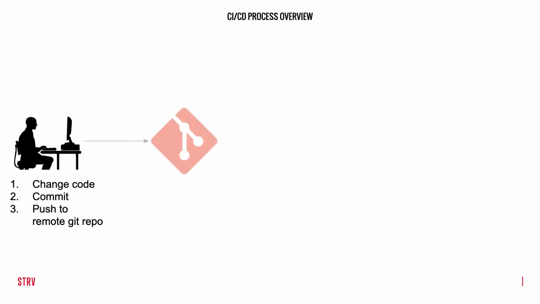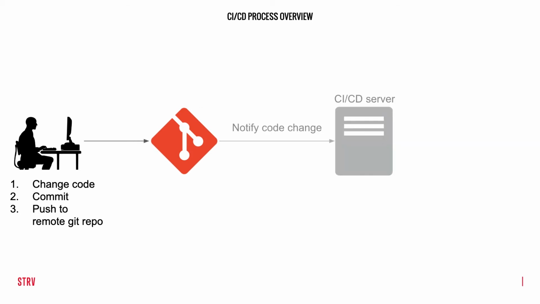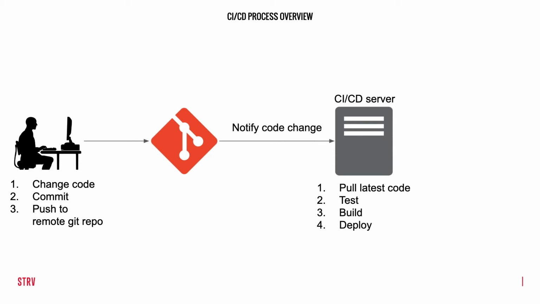You push it, then the Git service usually has a way to notify a CI/CD server that this code has been changed in the repository. Then the CI/CD will start pulling the latest code and then test it. It will be defined in the script, like which steps to run when the code is changed. Test it, build it, deploy it.